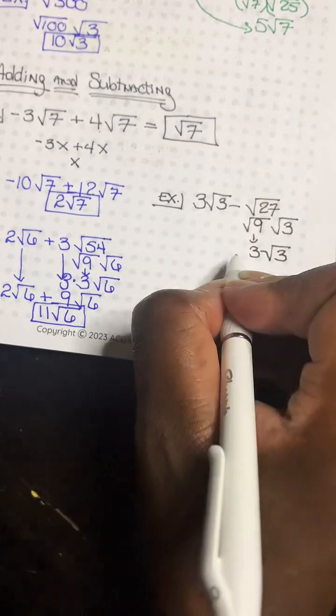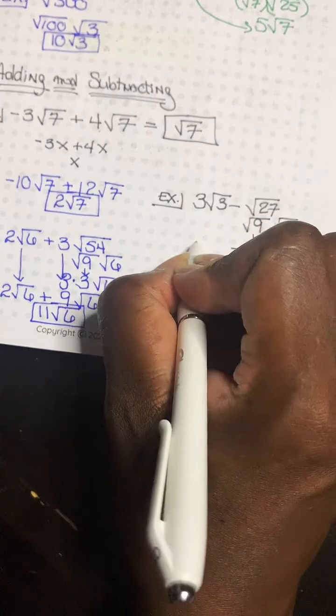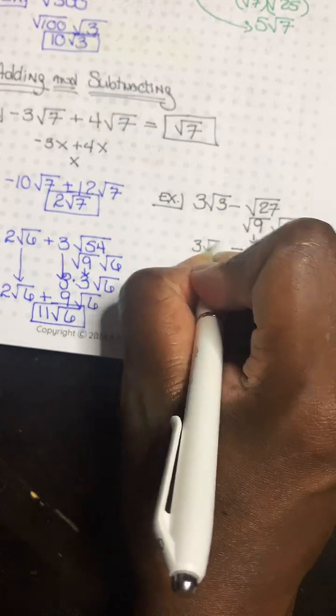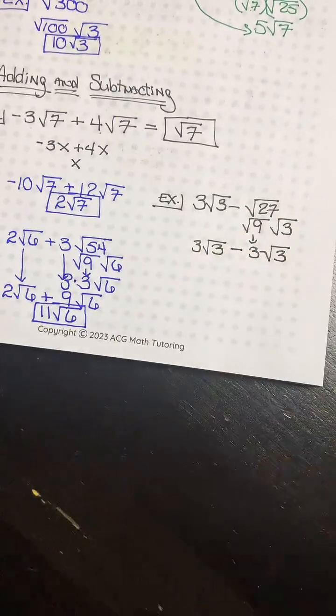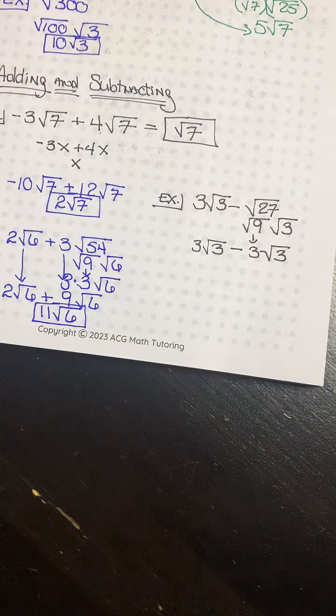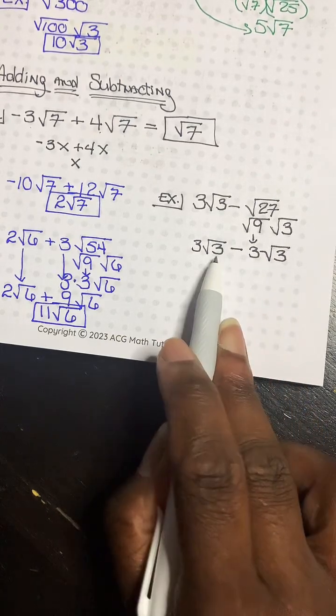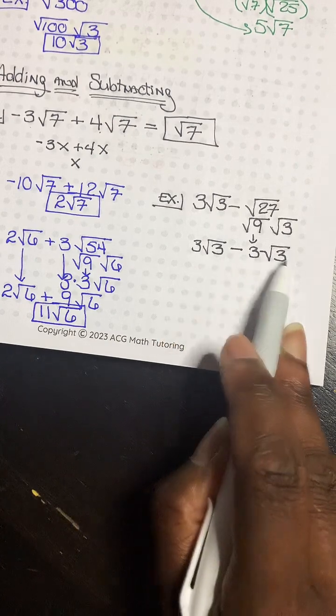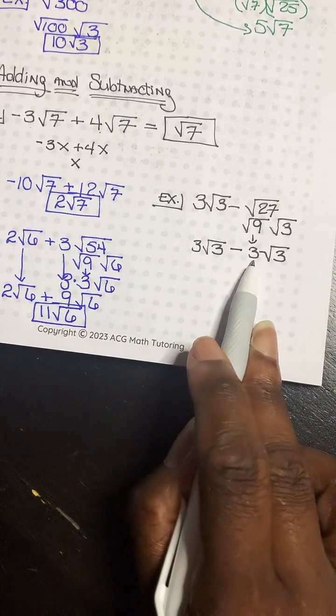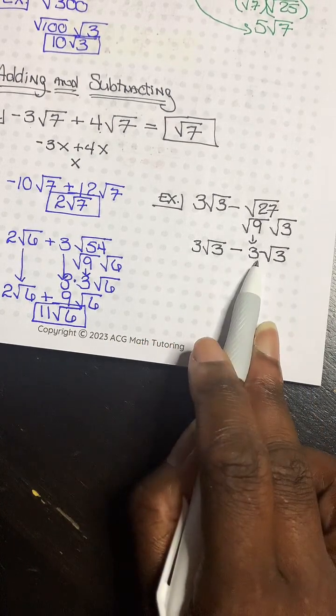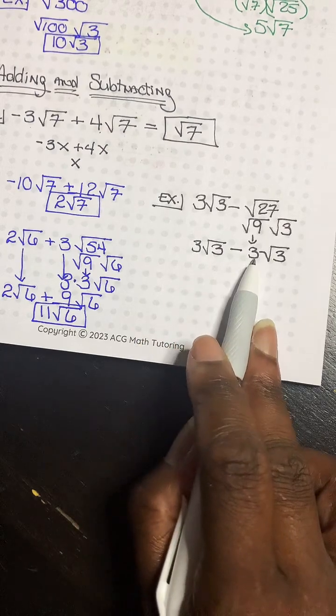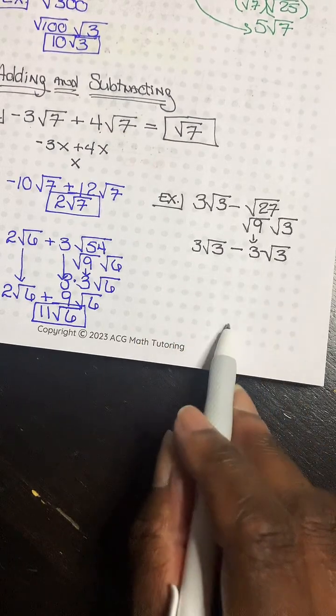Now, everything else is coming down. The minus sign and this 3 square root of 3. Now, they have the same radicals. So that means I can combine the coefficients. So 3 minus 3, that will give me 0.